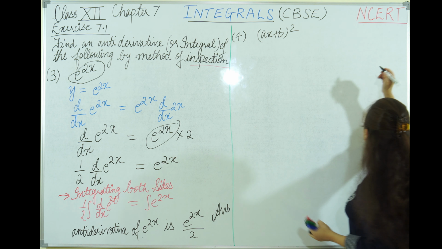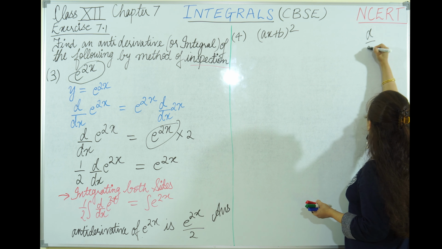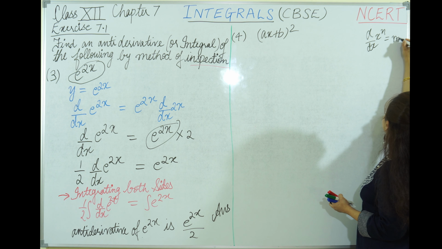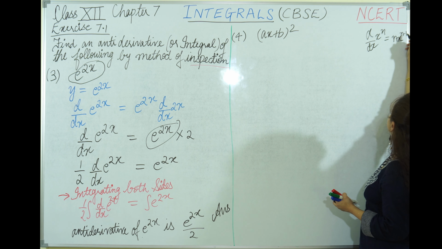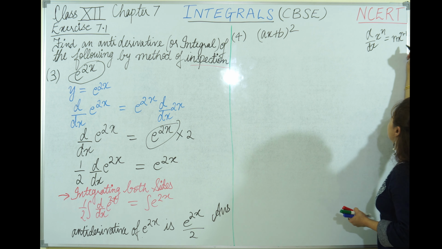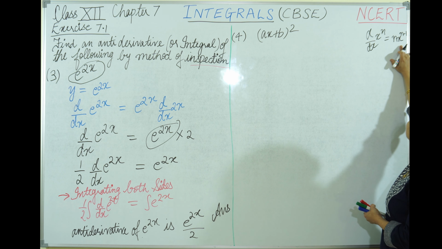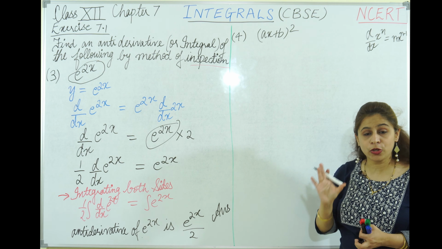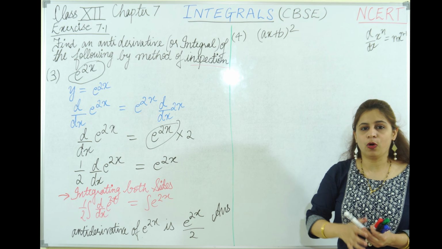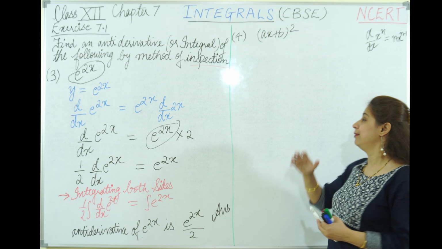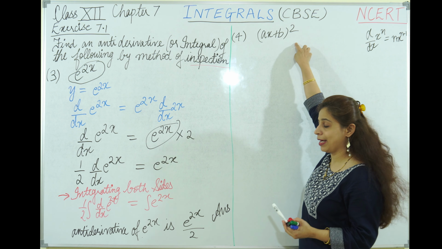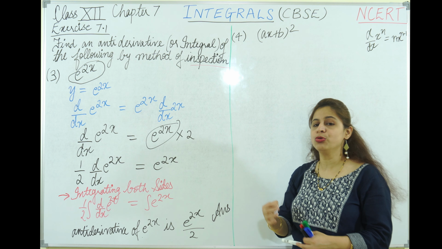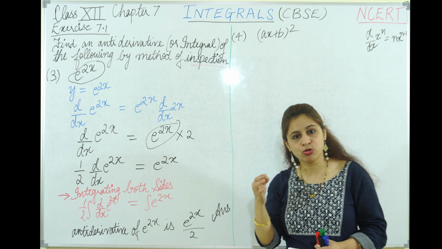We already know that the derivative of x to the power n is n x to the power n minus 1. So that means my whole function should be a cube. When the function is a cube, the power will be reduced to n minus 1, that is 3 minus 1, which is 2.